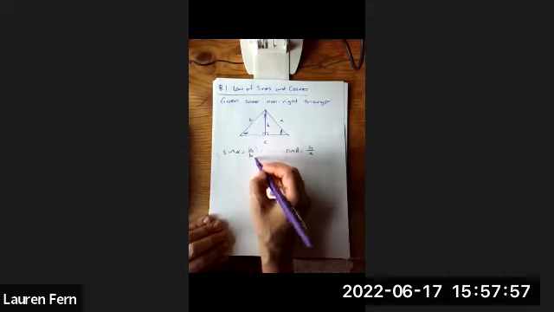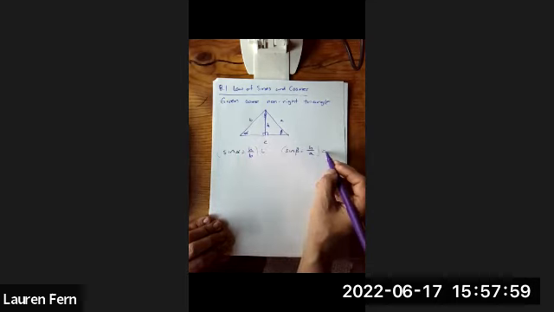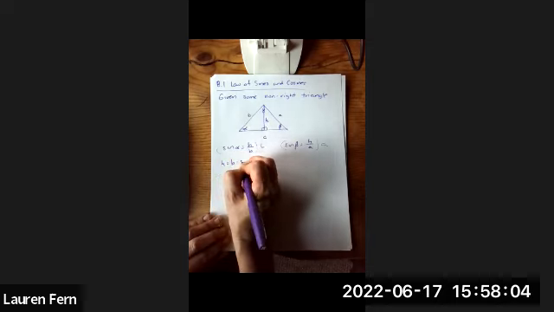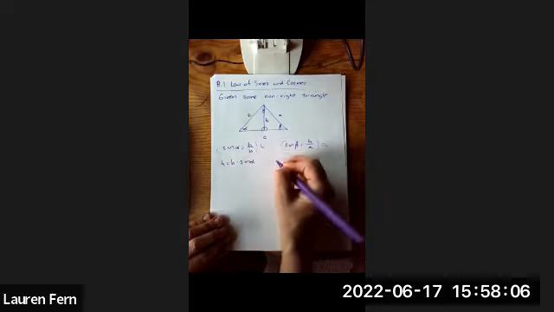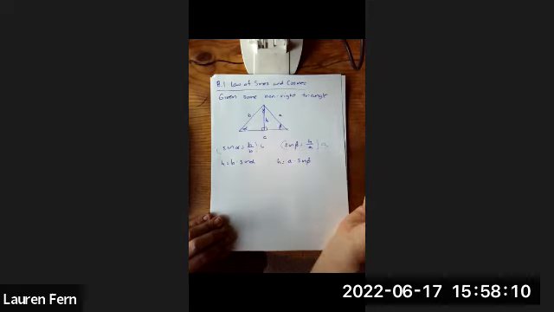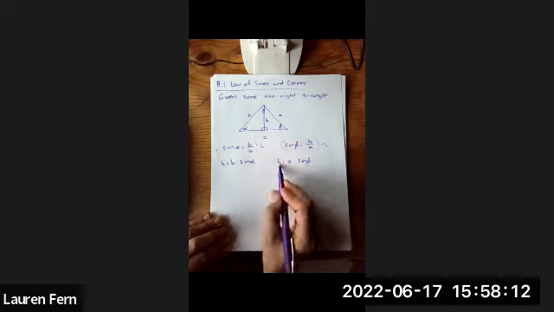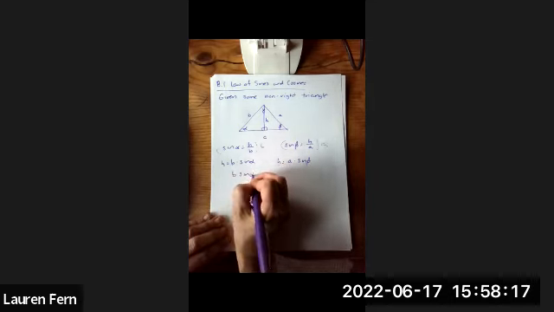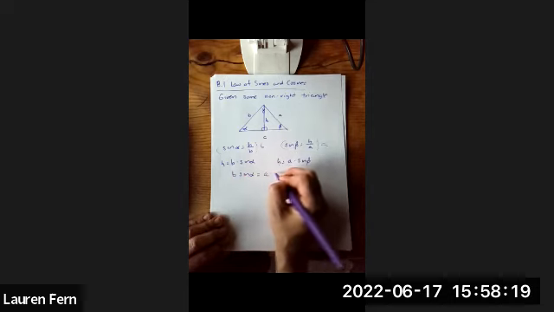I can multiply my first one through by b, my second one through by a. And I get h is equal to b times the sine of alpha, and h is equal to a times the sine of beta. But h is h. It's the same thing. In other words, b times the sine of alpha is the same as a times the sine of beta.